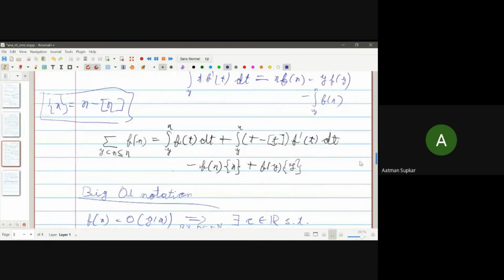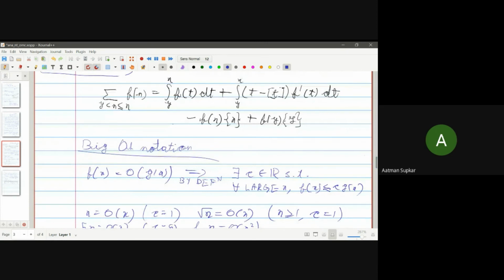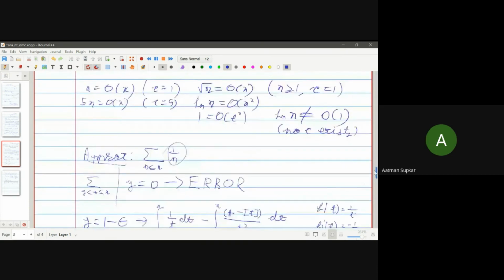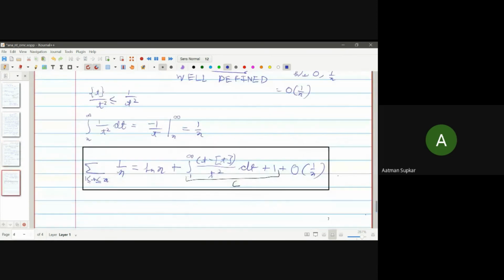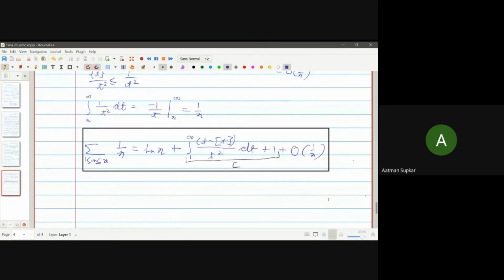We proved a very specific case of it here. This is what we actually use, summation f of n, where f is a very nice function in the sense it's integrable and everything. So we discussed an integral-ish form. Then we picked a very nice, very specific f, and then we analyzed how things go. How nicely does this let us approximate?